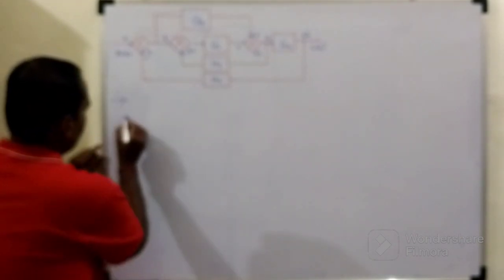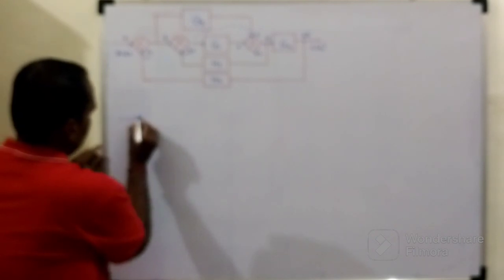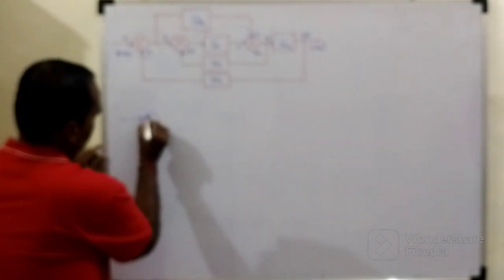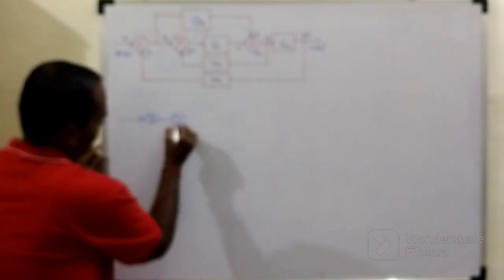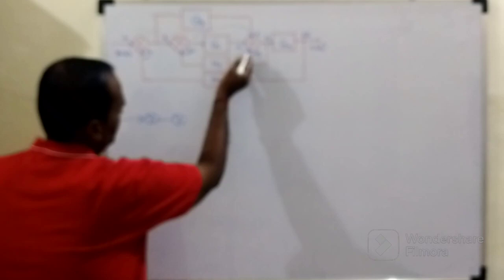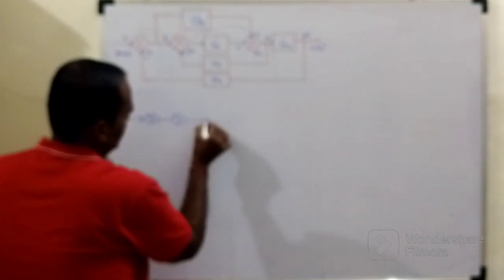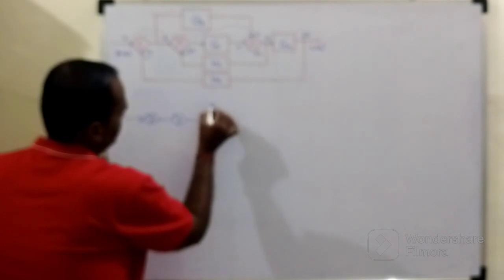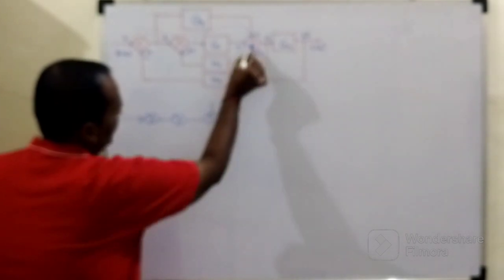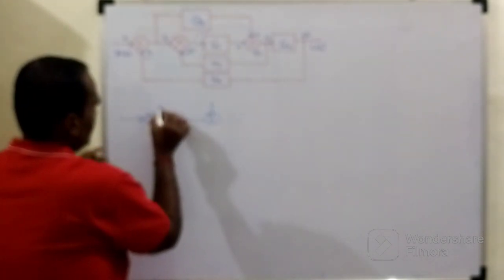In the first step, this is summing point number 1, and this is summing point number 2. After this, summing point number 3 is being shifted. As a result of shifting, one more block is added whose gain is 1 over G. And we already have one more block with us.